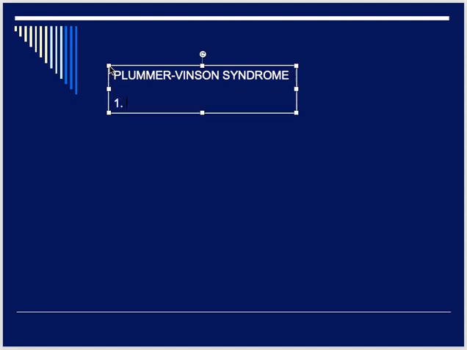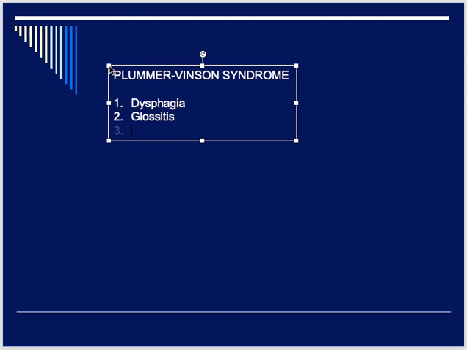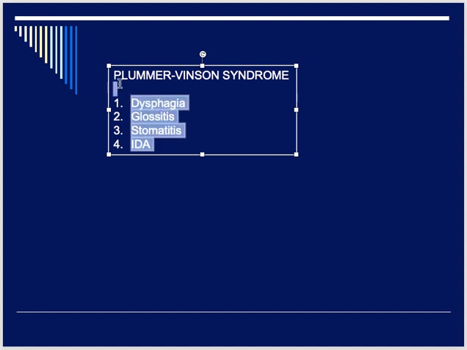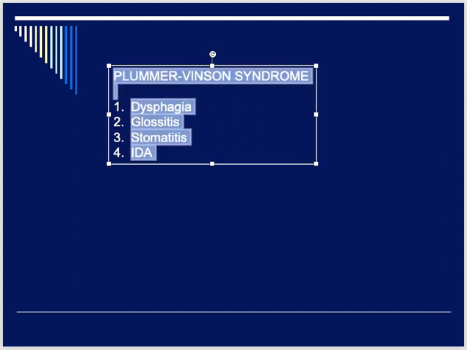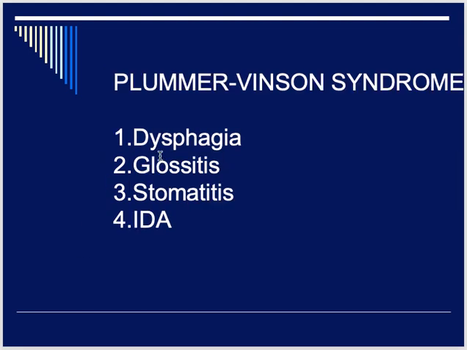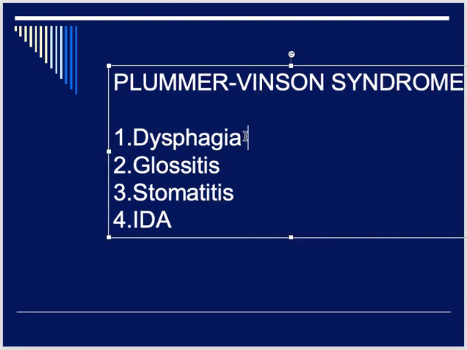The features they show are dysphagia due to esophageal web, then glossitis and stomatitis, and they have iron deficiency anemia.